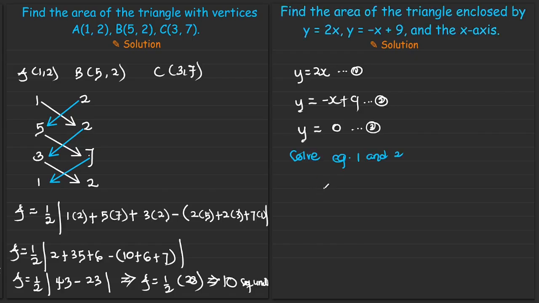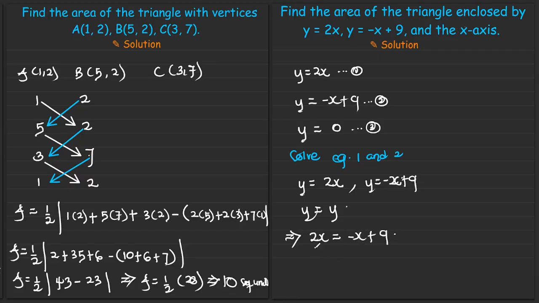Solving for equation 1 and equation 2, we know from equation 1 that y is equal to 2x. And we also know from equation 2 that this same y is equal to negative x plus 9. So this y, which is 2x, is equal to negative x plus 9.